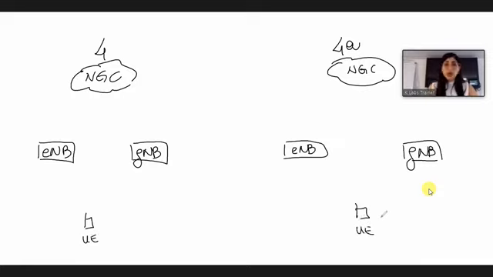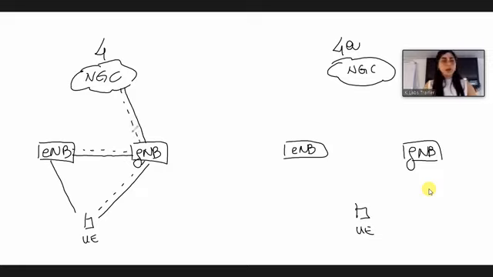But this time, in option 4, the control plane is managed by the gNode B. So in this case, user equipment can exchange control plane and user plane with the gNode B, and can exchange the user plane only with the eNode B. Then the eNode B can exchange user plane and control plane with the gNode B, and the gNode B is responsible for exchanging both user plane and control plane with the 5G core network. So in here, the data split point is our gNode B.